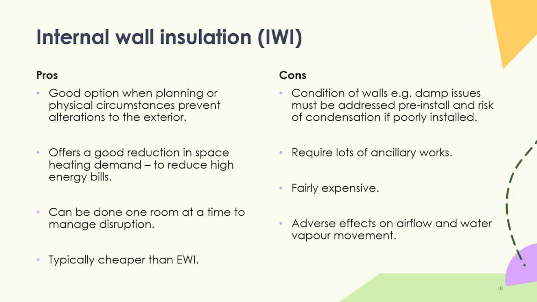Yeah, they do require a fair bit of ancillary work because obviously you're looking at removing skirting boards and carpets and various other materials which butt up against the external wall, and where you're going to be reducing room sizes by typically 75 mil to 100 mil on the inside, unless you're using quite costly materials like aerogels, which can be used in certain circumstances and may, in fact, because they're very high performance and thin, reduce the amount of ancillary work you need to do. So again, that can be worth considering.